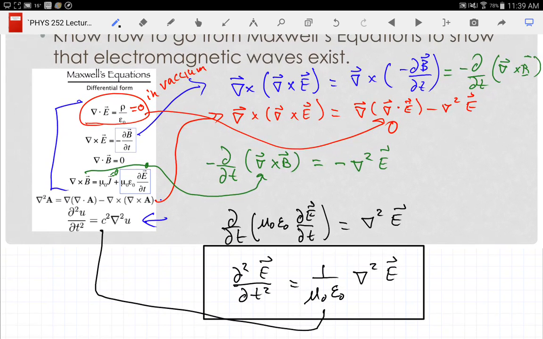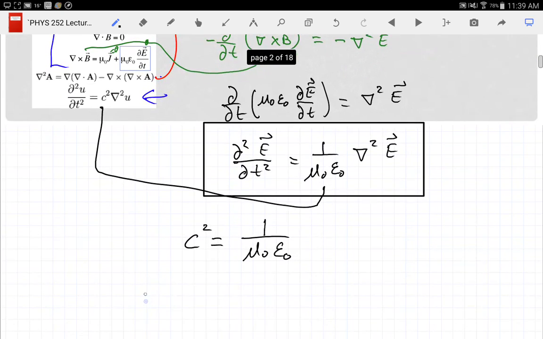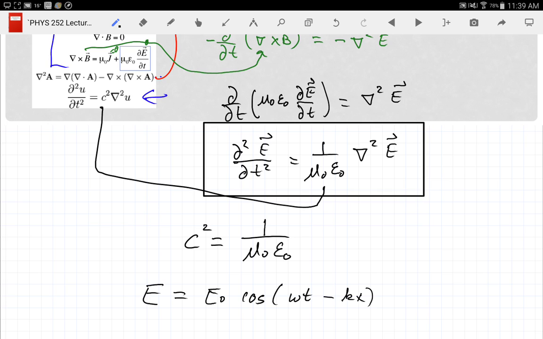Yes. Or you could be given something like, and say, show that this is a solution to the wave equation.